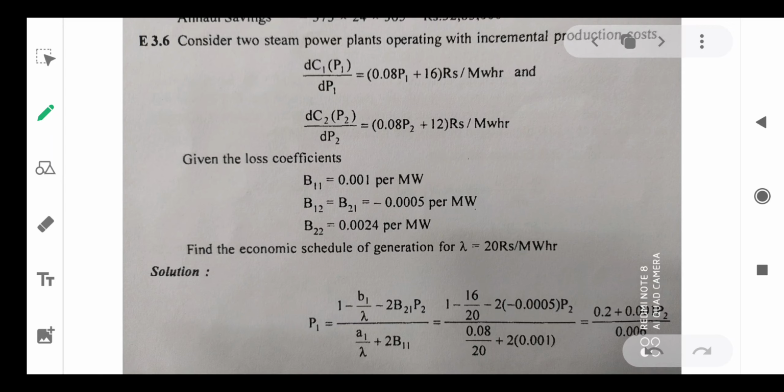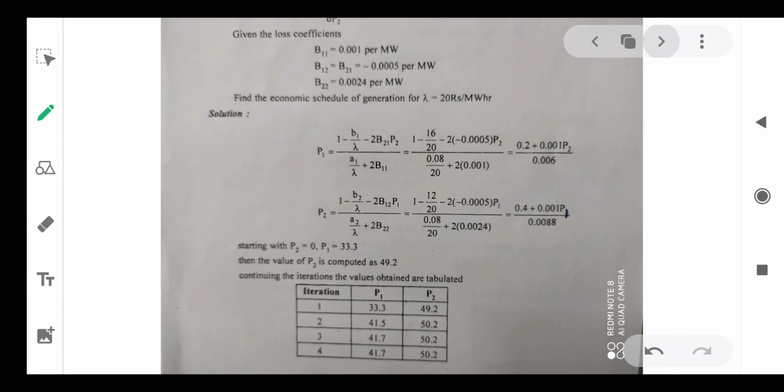So P1 expression we obtain that P1 is equal to 1 minus B1 by lambda minus 2B21 P2 divided by A1 by lambda plus 2B11. By substituting all the parameters, we will obtain this expression. And P1 is equal to 0.2 plus 0.001 P2 divided by 0.006.